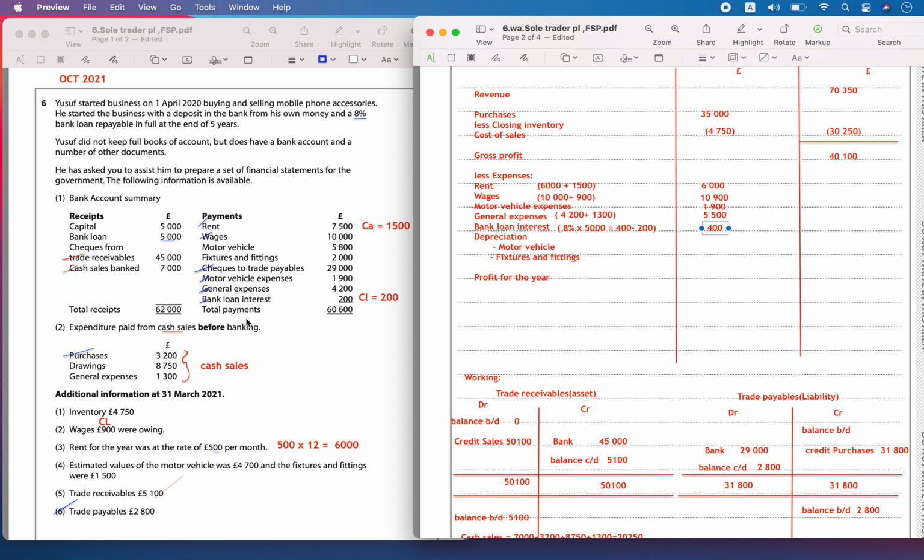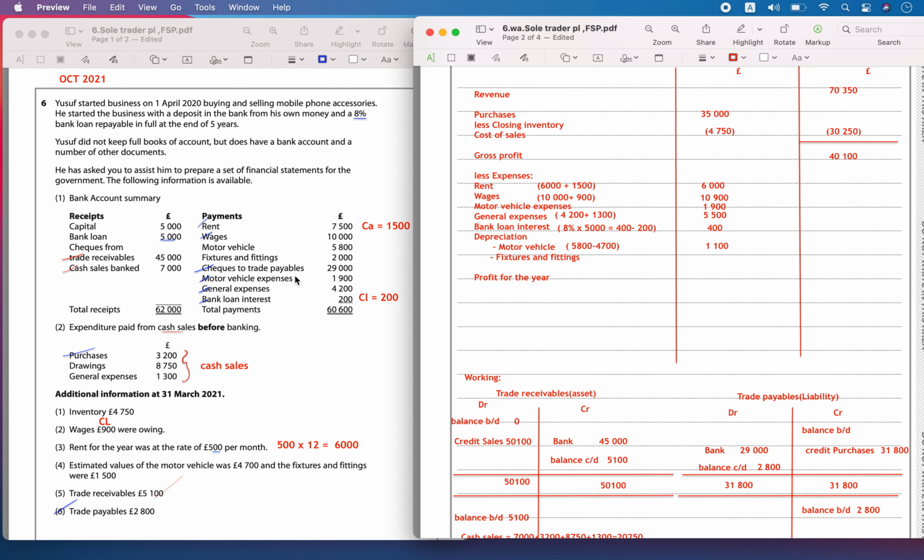Okay, then we have depreciation calculation for the motor vehicle. They are saying 5,800 is the cost they purchased, but the value became 4,700, so the difference will give us the depreciation value. So 5,800 minus the current value 4,700, that is equal to 1,100.